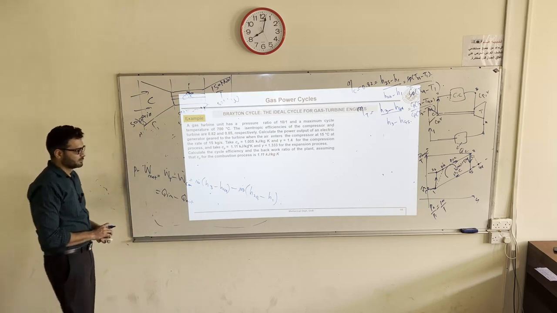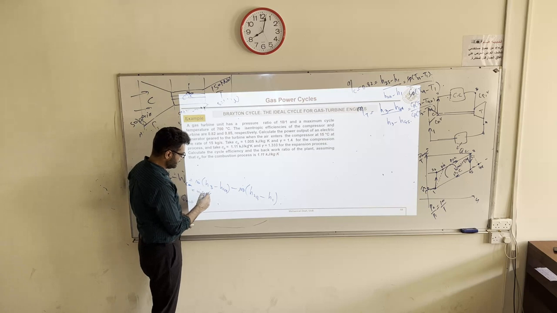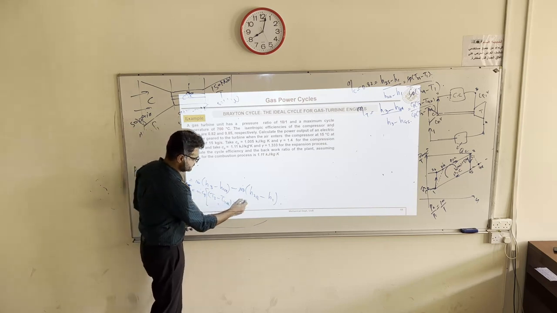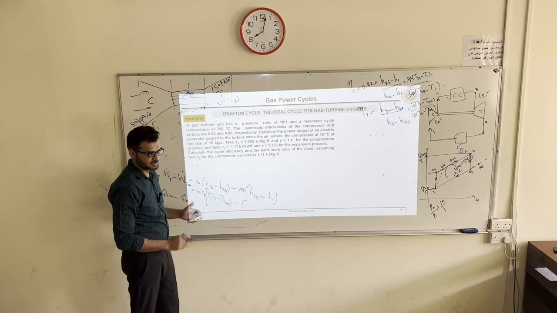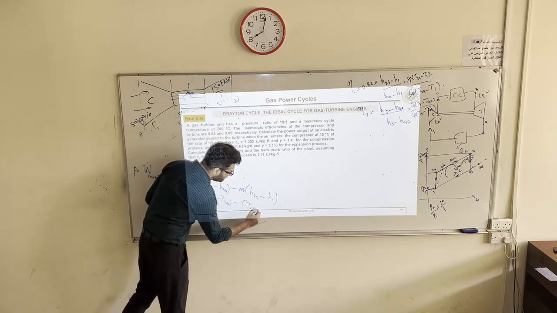Okay. No steam tables, it's air. So m dot Cp into T3 minus T4A. M dot, you can take common. For the compression process, Cp is different, so T2A minus T1.